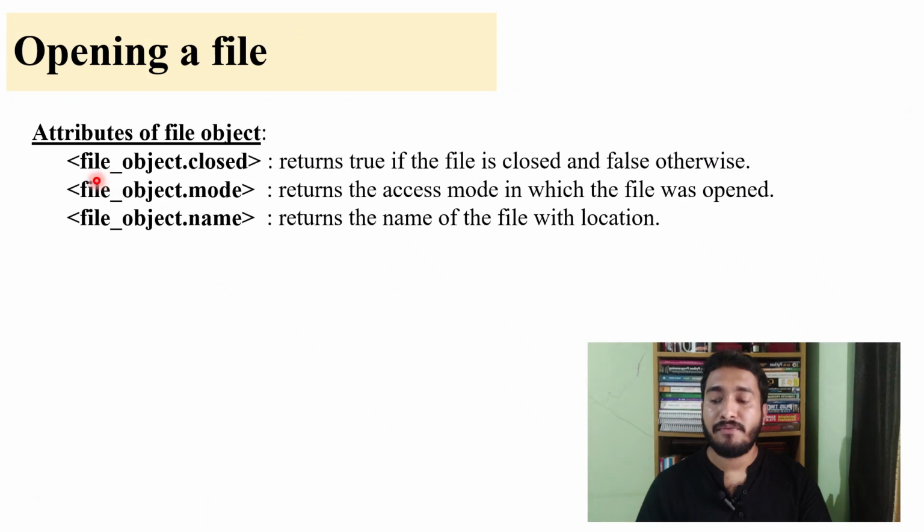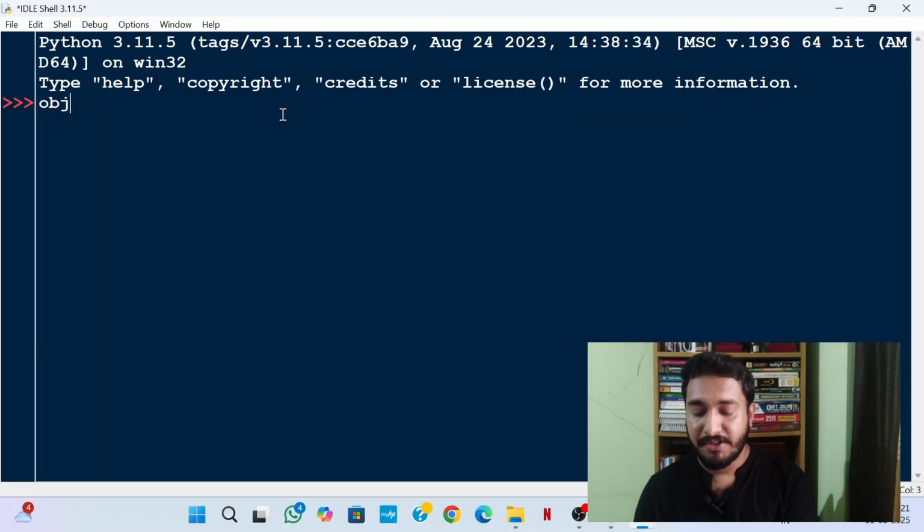Look at this. We have attributes of files: fileobject.closed, fileobject.mode, fileobject.name. Let us check these with the help of a program. Object1 is equal to open. You just have to mention the file name and location.